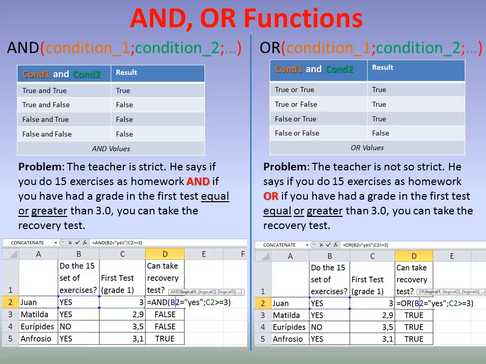So in this case, you just need one condition to be true to have a true result. Therefore, you need to write the OR function as you see in the worksheet. But again, pay attention to the syntax of the function. Equal, OR, open parentheses, write the first condition, semicolon, write the second condition, close parentheses.